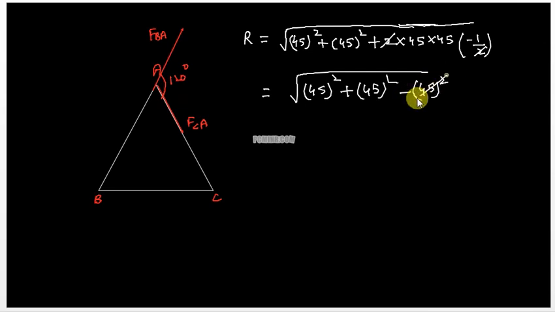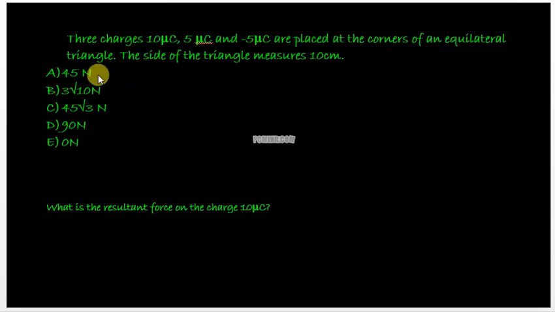So this would cancel out and you get your answer on solving the square root as 45 Newton. So that's your resultant force which acts on A, or the charge at A due to the charges at B and C. Therefore, your correct option is A, that's 45 Newton.